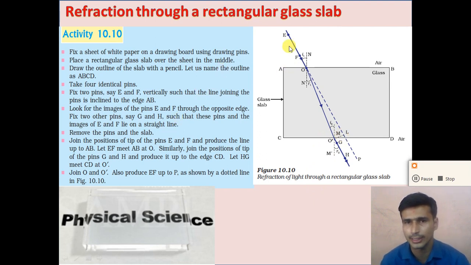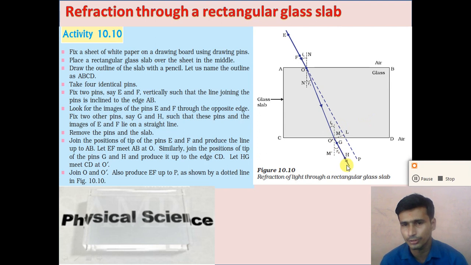When we consider the ray of light EF incident on the surface AB, the ray of light enters from the air into the glass medium, right? From one transparent medium to another transparent medium. The ray of light changes its direction the first time at the point O. Now, at the point O dash, the ray of light passes again from the glass medium to the air medium, so again it changes its direction.